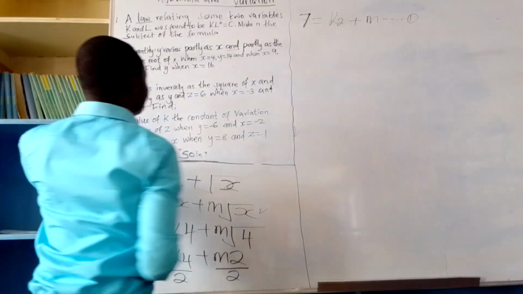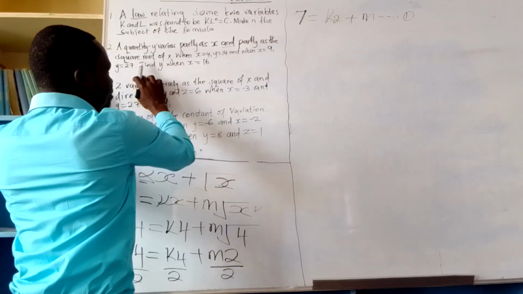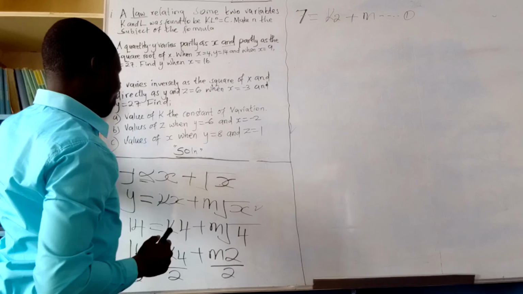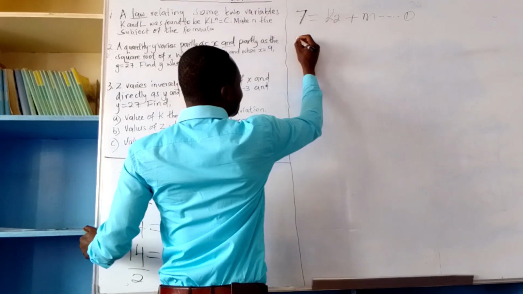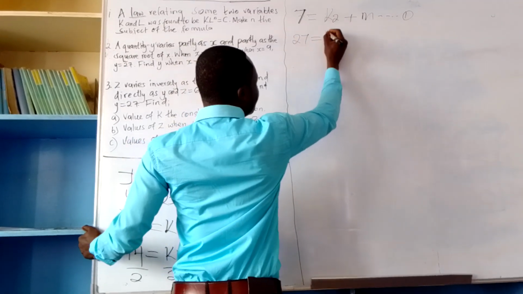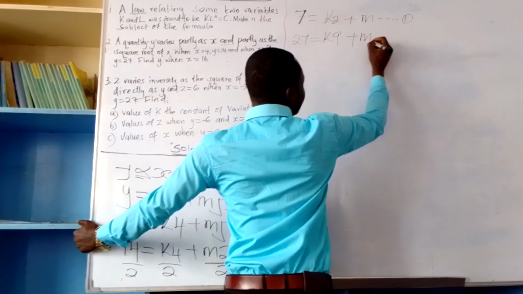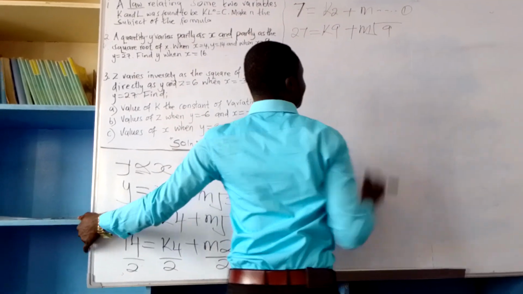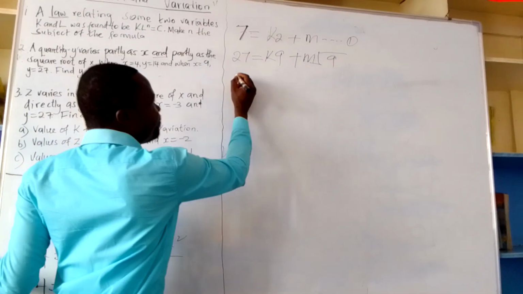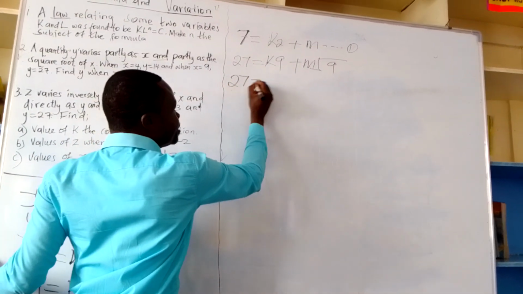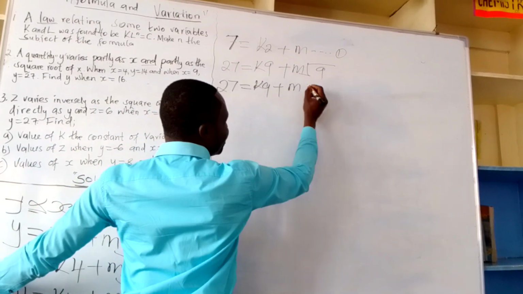Then we come back again and check. And when x is 9, y is 27. Let's come again and substitute it here. y is 27 is equal to kx, which is 9, plus m, the square root of 9, because the value of x is 9. So this is going to be 27 is equal to k9 plus m, the square root of 9, there is 3.